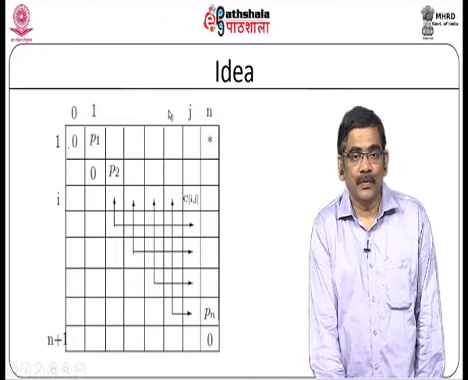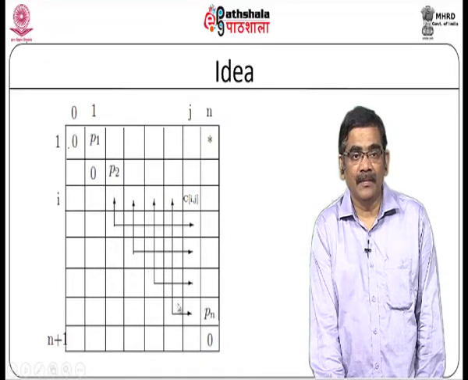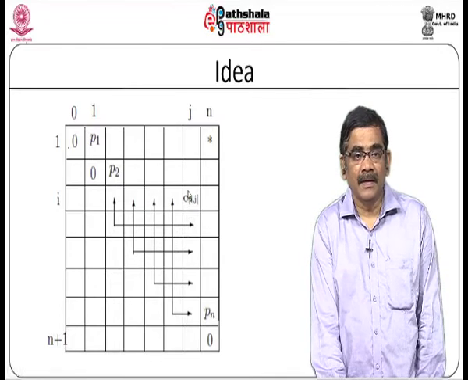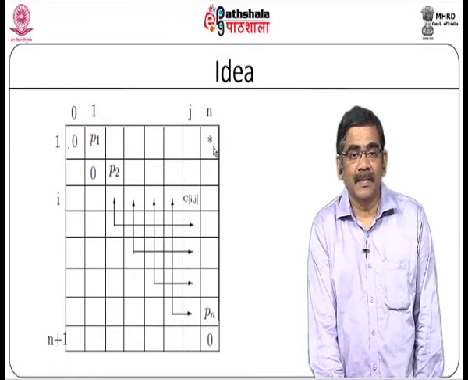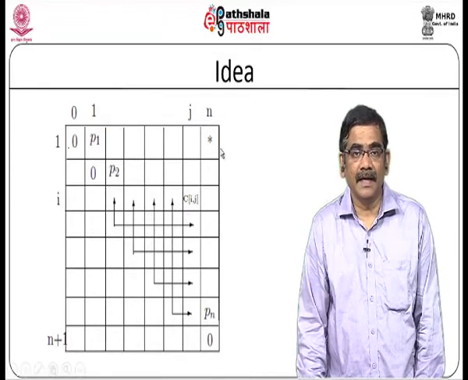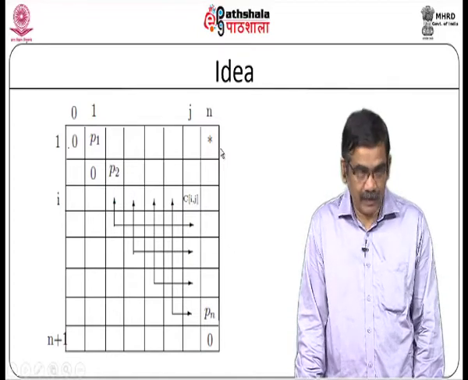P 1, P 2, up to P n are the various probabilities that are associated with the given elements, and we are going to compute C of i comma j, and finally, C of 1 comma n is going to contain the minimum cost that is required for establishing this. This is the idea behind the whole thing.